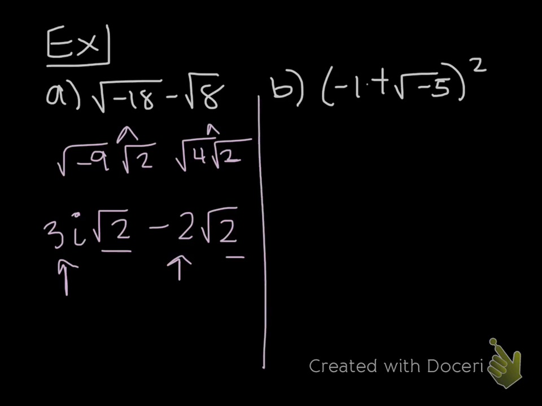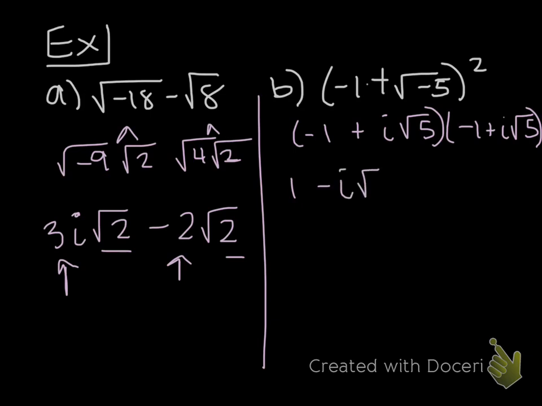For letter B, we would write this twice, and when we write it twice, we're going to clean this up a little bit. So we're going to write i root 5 rather than leaving it as the negative 5, and then we're going to FOIL. So first term will be 1. Then I'll have a negative i root 5.